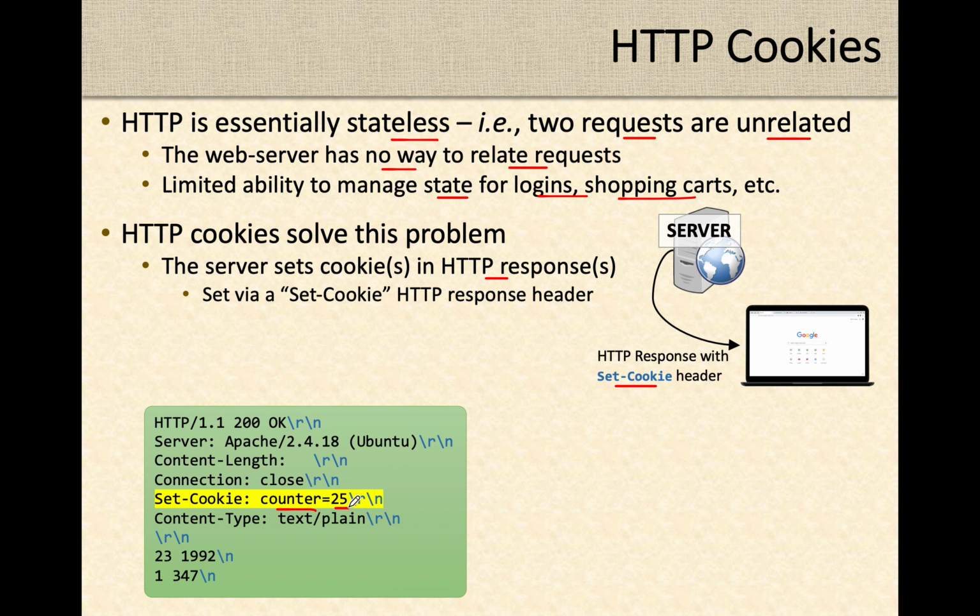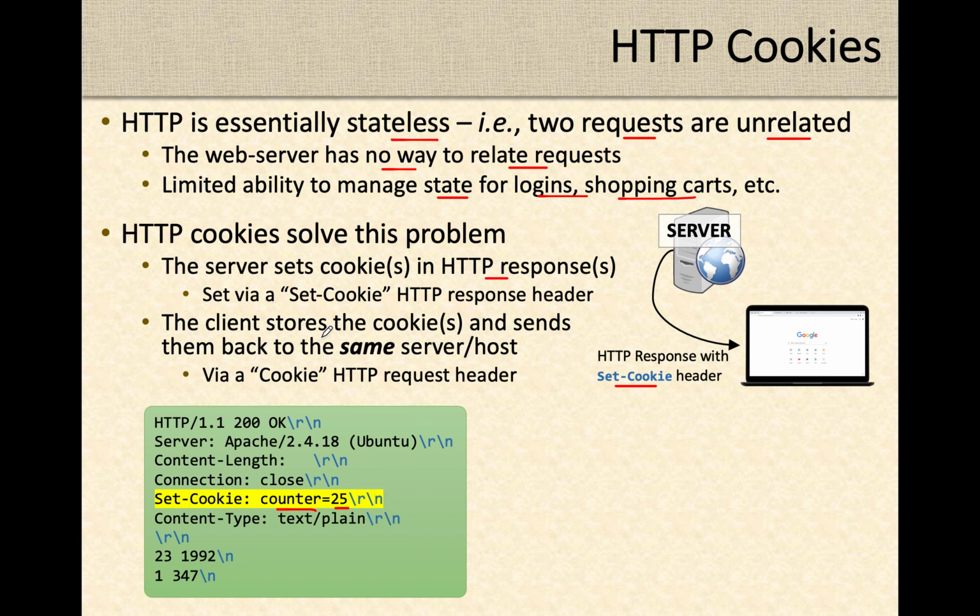Just a simple example. So here the client stores the cookie. The web browser will store this cookie inside it. And every time you make a request back to the same server, that means it has to go back to the same host, then the cookie is sent in the request header via a Cookie request header. So the server uses Set-Cookie, and the client will echo the cookie back with the Cookie header.